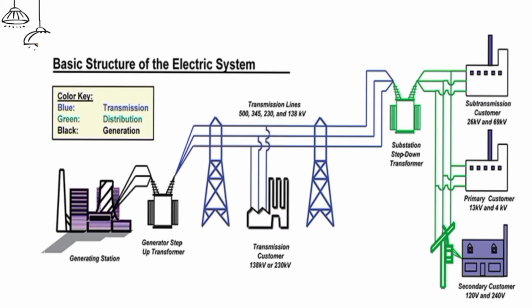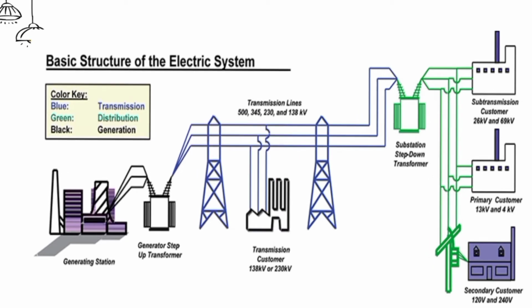Transformers are used to raise the voltage to 69,000 or 138,000 volts, which allows for more efficient transmission to substations miles away or into a network that connects to other power companies. So, electricity can be shared efficiently.